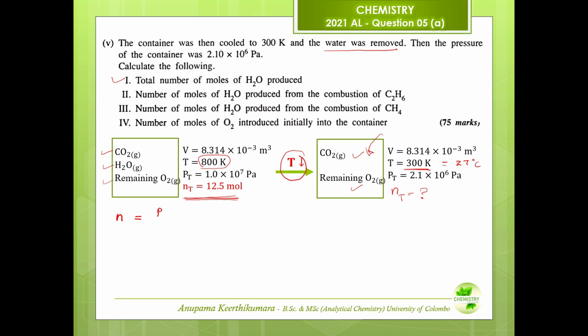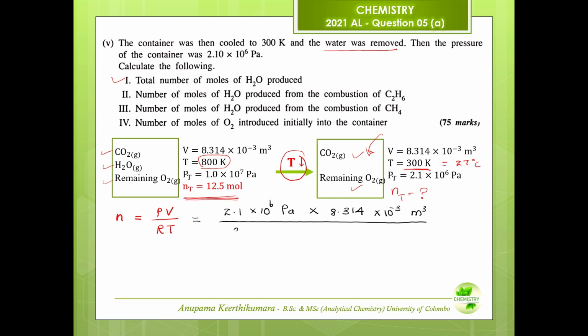It is PV divided by RT. Then we will substitute values. Pressure, 2.1 × 10^6 Pascal. Volume, 8.314 × 10^-3 cubic meters.